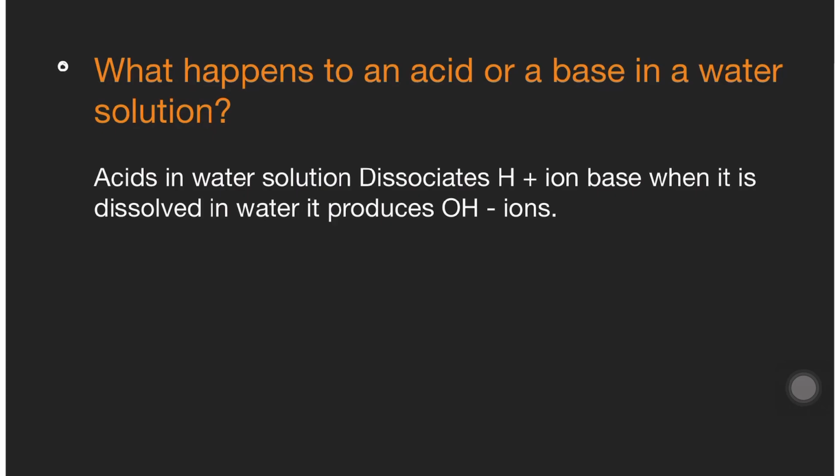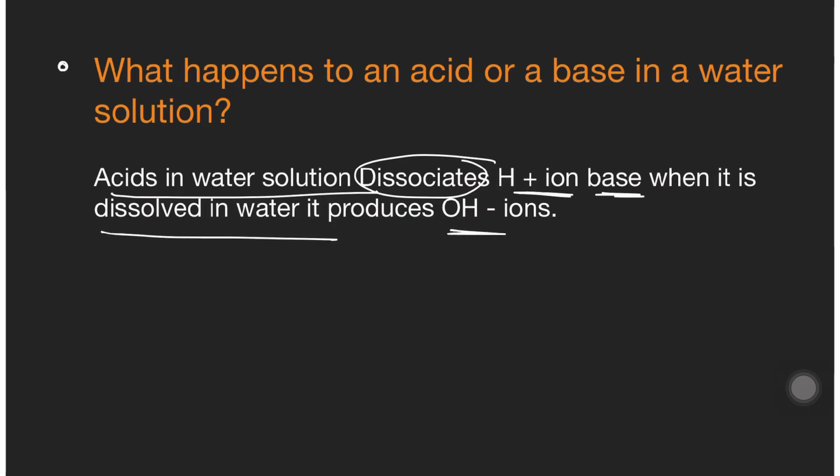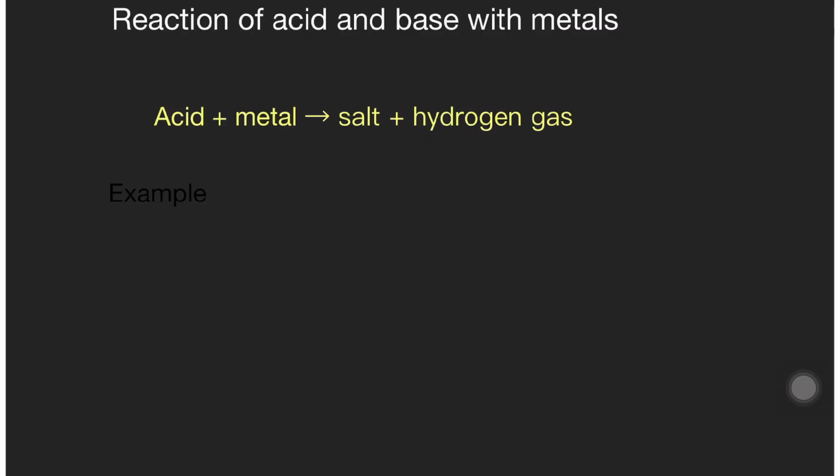Now, what happens to the acid or base in a water solution? We have already read that acids in water solution dissociate into H plus ions, and bases, when dissolved in water, produce OH, that is hydroxide negative ions.